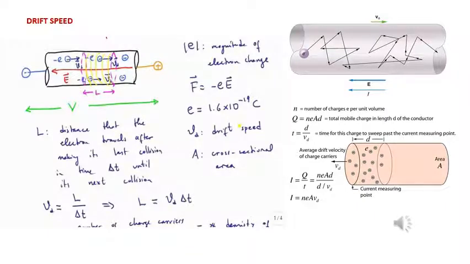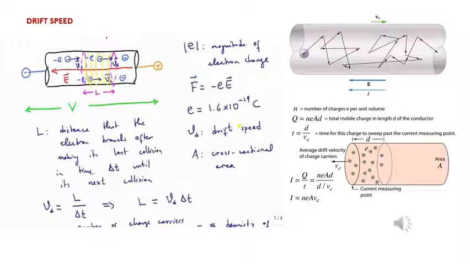Students, listen very carefully. You are going to understand what is drift speed. You are seeing a conductor. The right side is connected to the positive terminal and the left side is connected to the negative terminal of a battery. As soon as the switch is closed, an electric field is established.